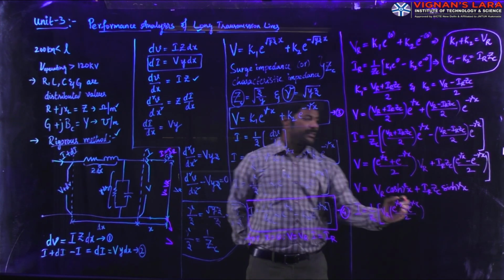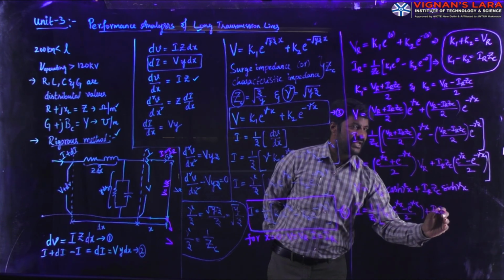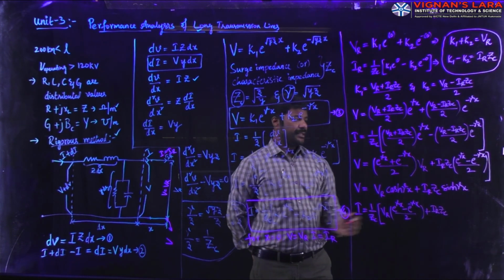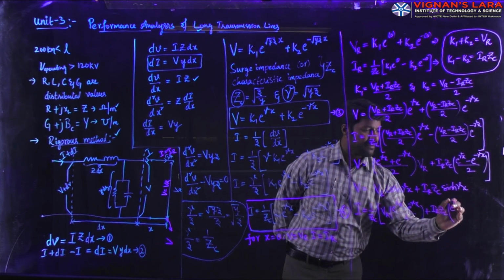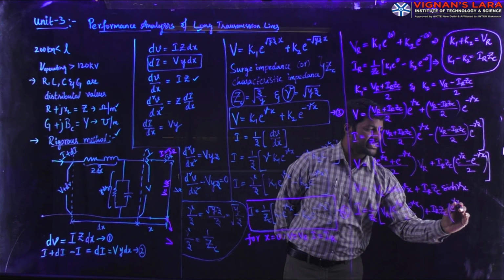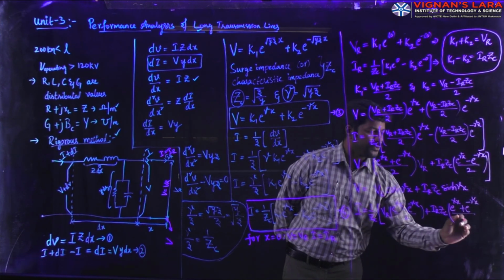The next term is plus IR ZC, taken as common for convenience, and within the brackets the remaining term is (e power gamma x plus e power minus gamma x) divided by 2.